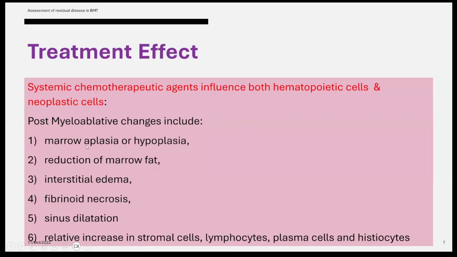Post-myeloablative changes include immediate post-chemo changes. You get myelohypoplasia, reduction of marrow fat. This reduction of marrow fat is replaced by interstitial edema, fibrinoid necrosis and sinus dilatation, and also a relative increase in stromal cells, lymphocytes, plasma cells, and histiocytes.